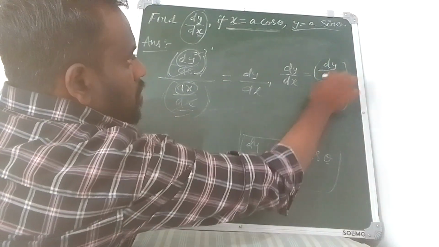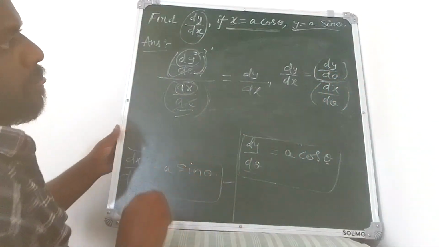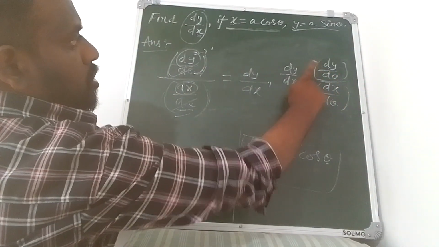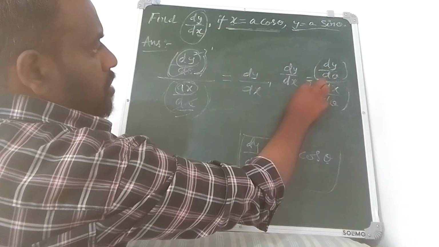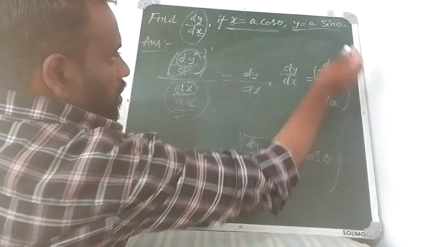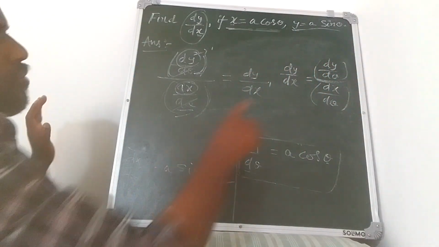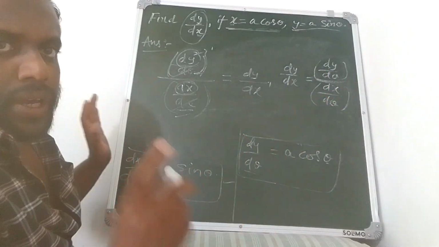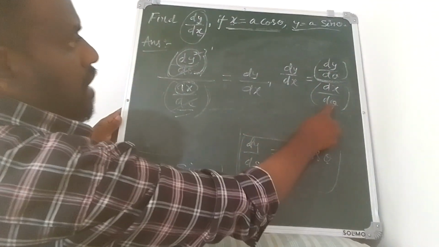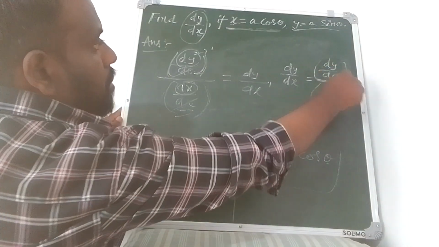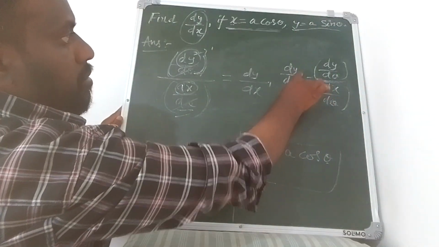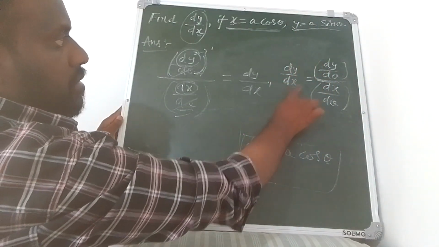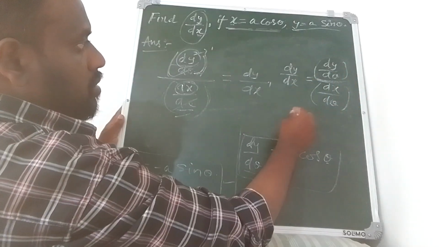This equal sign should be here along this line. So we can write dy by dx is equal to dy by d theta divided by dx by d theta. Why? You have already seen here. If you cancel this d theta, we will get dy by dx only. Same thing we will get. So we can write dy by dx like this.